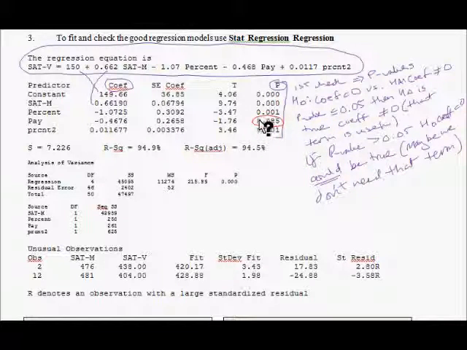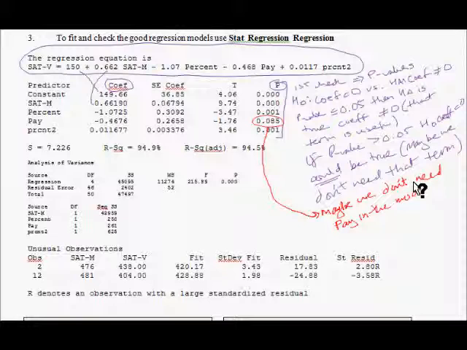So here, this is telling us maybe we don't need pay in the model, since its p-value is greater than the 5%.